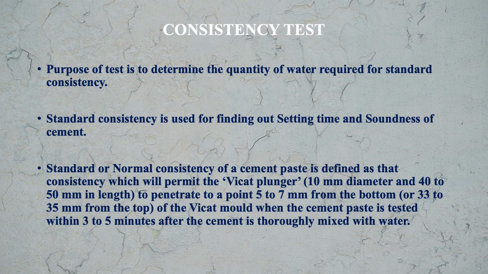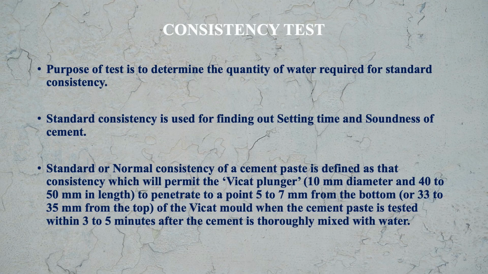Here you see some numbers. First, it gives the dimensions of the Vicat plunger: the diameter is 10 mm and the length is generally 40 to 50 mm. Another number you see here is the penetration up to a point 5 to 7 mm from the bottom.